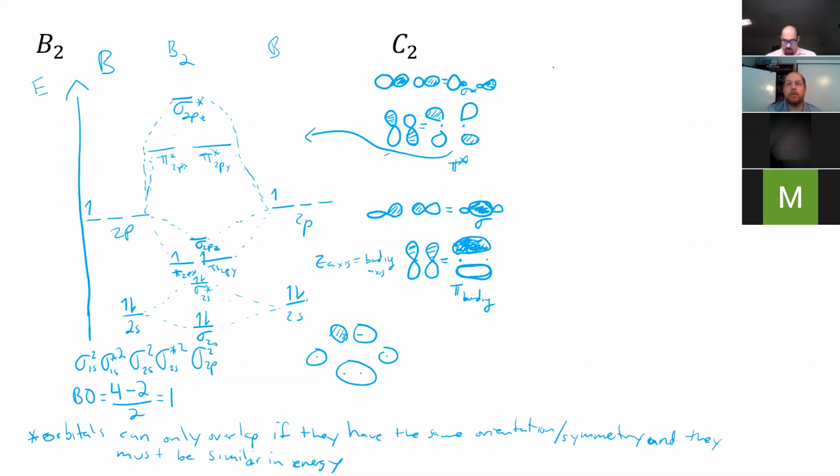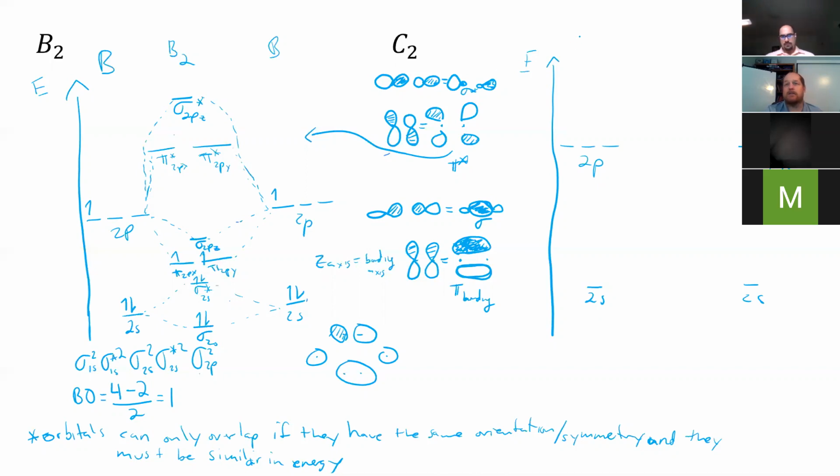We can also do it for carbon. For carbon, we got our 2s and 2p orbitals. And you can see that sometimes I'm filling up the electrons early, like right at the start.